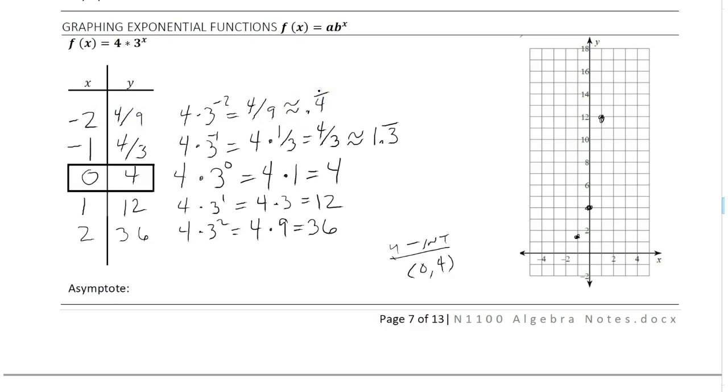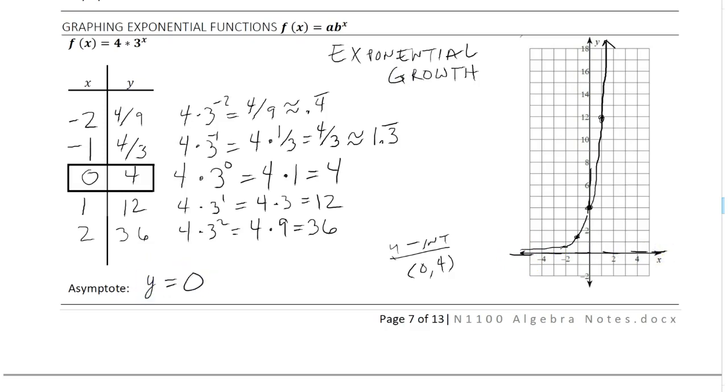Graph negative 2, 4/9. Notice that once again we have exponential growth, but every y-coordinate was multiplied by 4, so the growth is much steeper than it was before. The graph still never crosses the x-axis, so the x-axis, y equals 0, is still the asymptote.